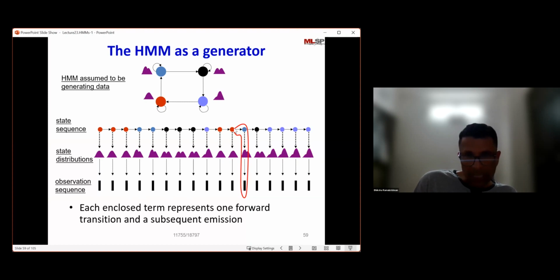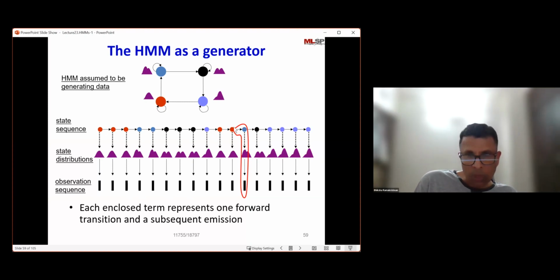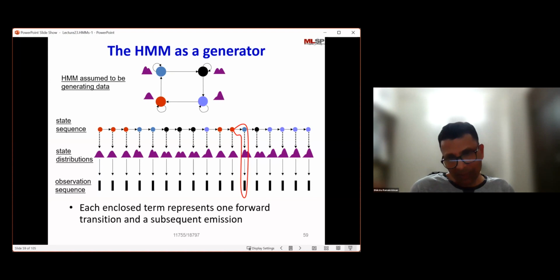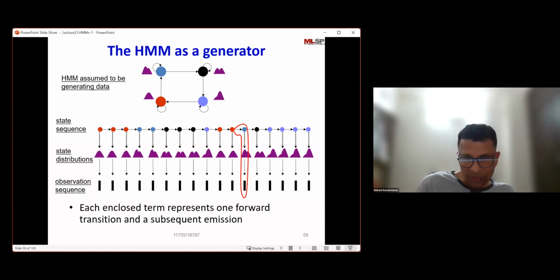So the most probable state sequence which ended with red and blue states is exactly the same as the most probable state sequence that ended at the red state and was then extended to the blue state. Did that make sense? Or did I confuse you? Okay.